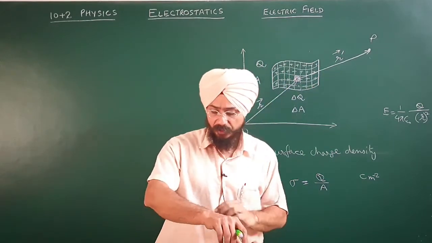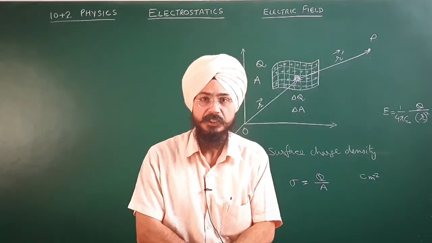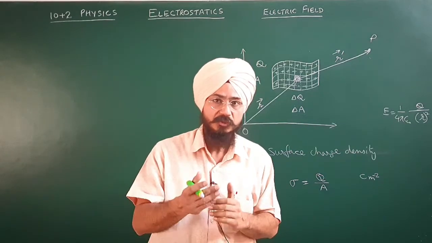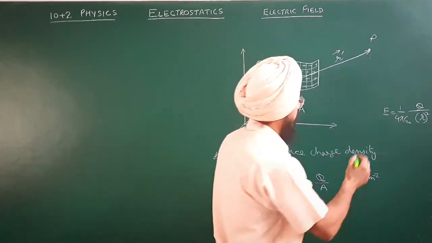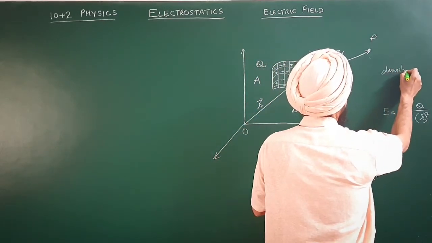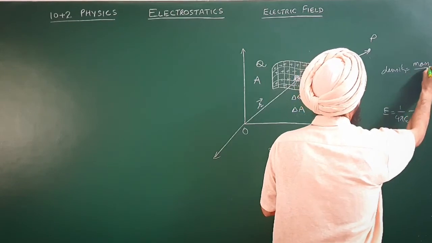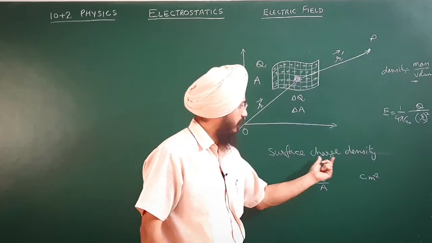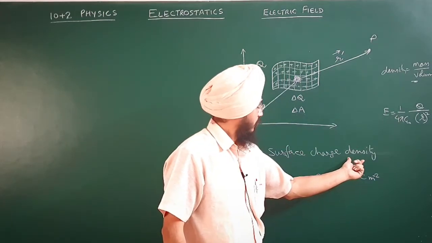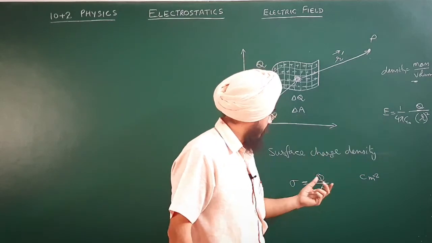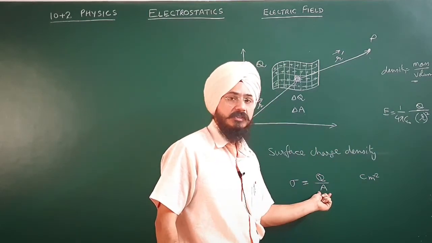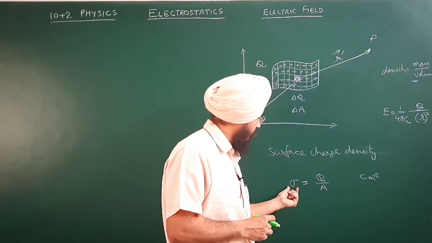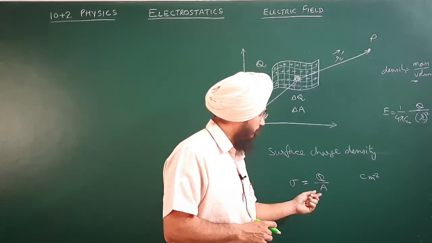You remember, if you find the density of any body, the formula is mass over volume. So here it is surface charge density: the charge per unit surface area on which the charge is present. So this is surface charge density, charge upon area.